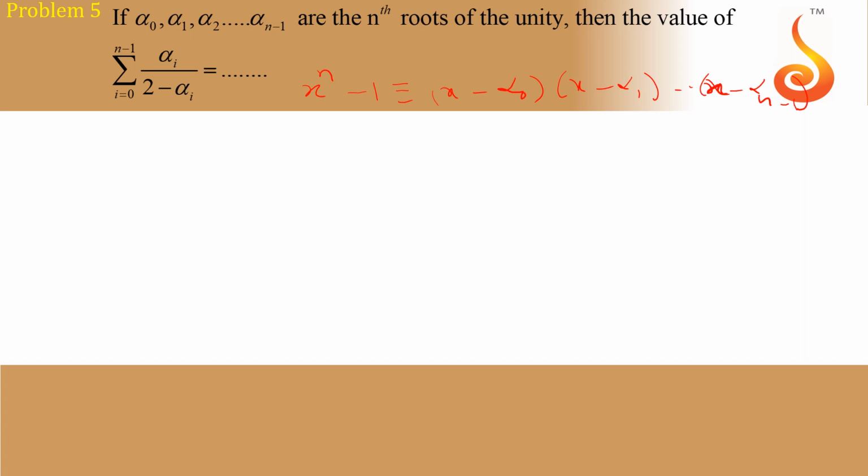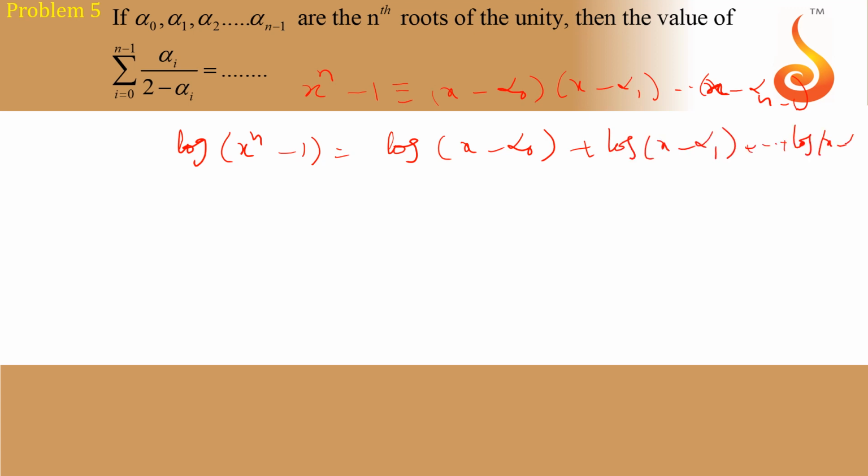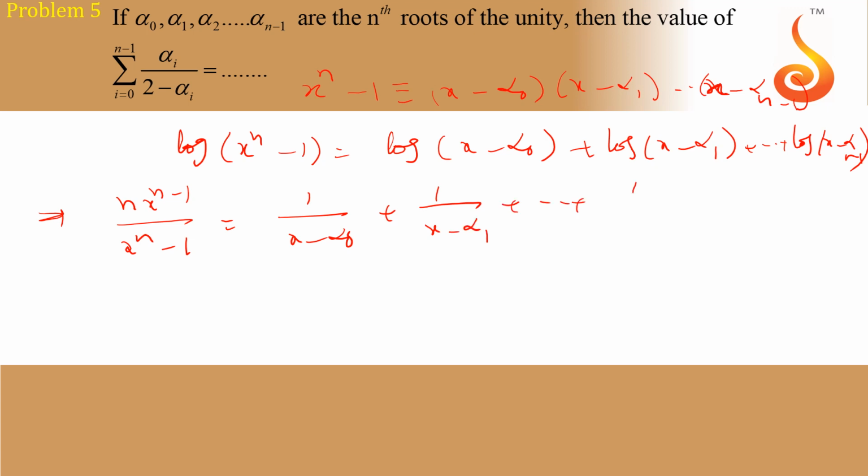Now if you apply logarithm on both sides, the right side becomes log(x − α₀) + log(x − α₁) + and so on, log(x − αₙ₋₁). If I differentiate with respect to x on both sides, it will be n xⁿ⁻¹ by (xⁿ − 1) = 1/(x − α₀) + 1/(x − α₁) + and so on, 1/(x − αₙ₋₁).